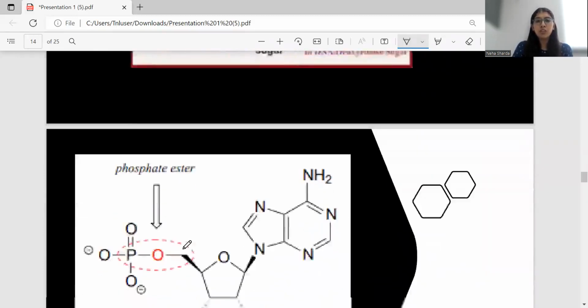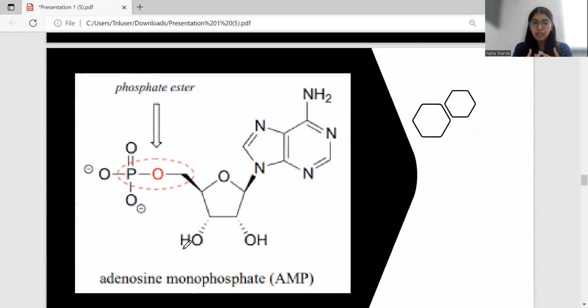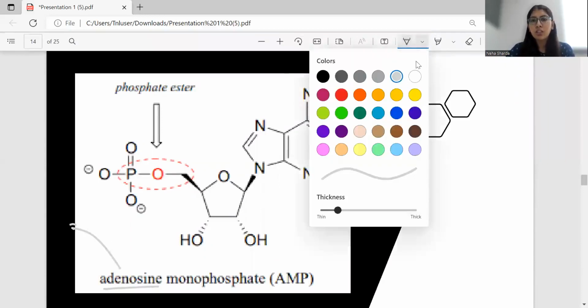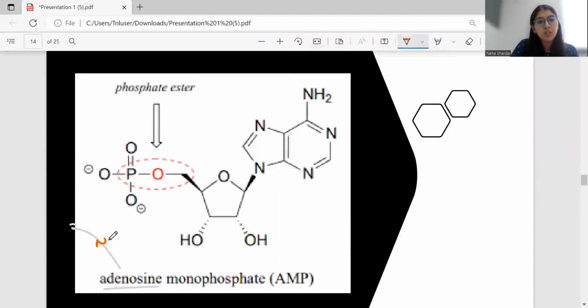Now these nucleotides will attach with each other. This is like adenosine. What is adenosine? Adenosine is our nucleoside. Many students confuse nucleoside and nucleotide. Nucleoside is only sugar and nitrogenous base.